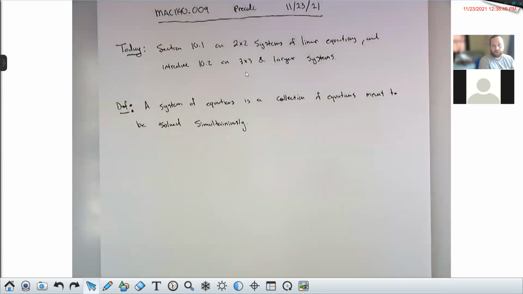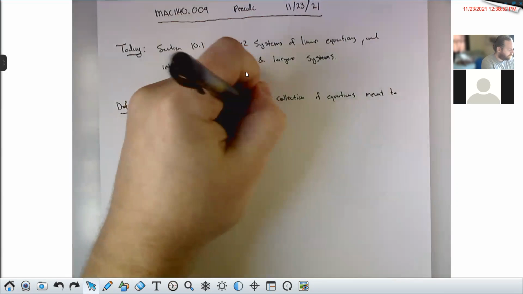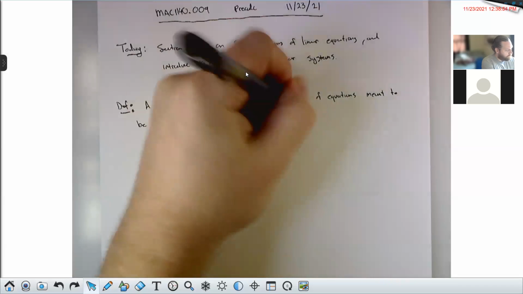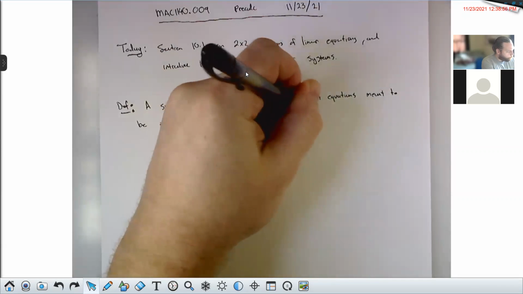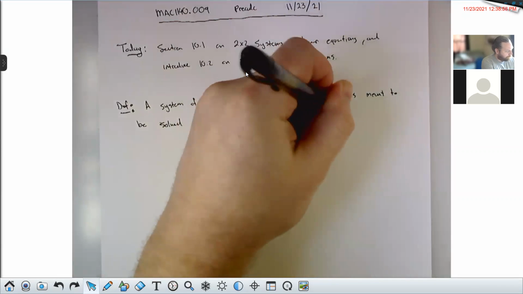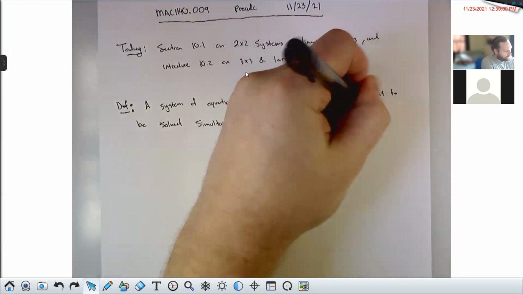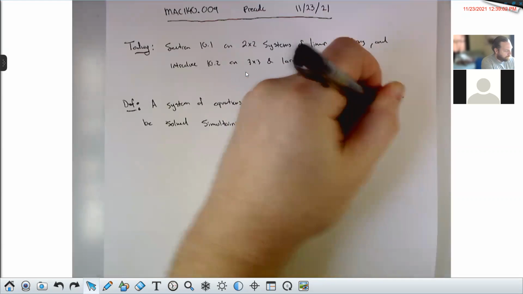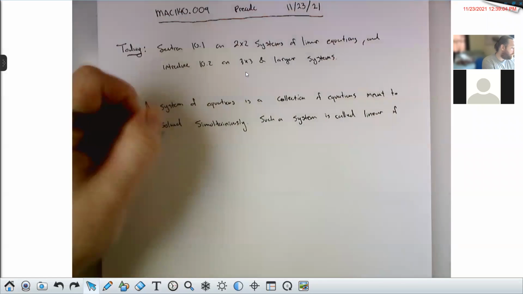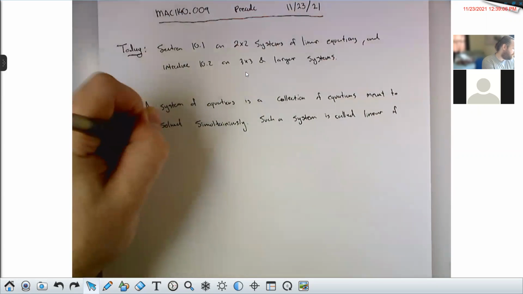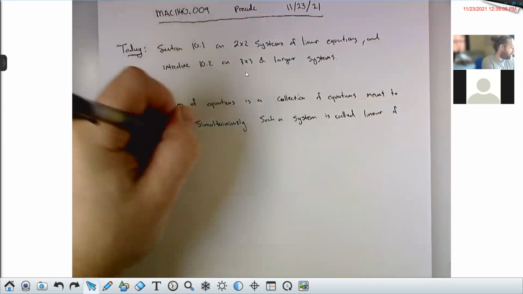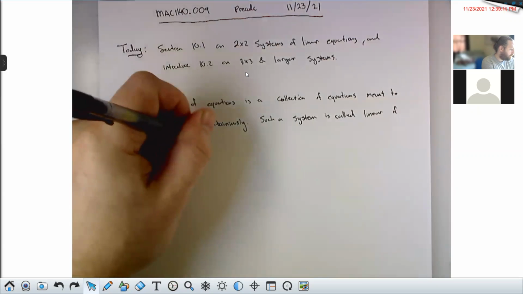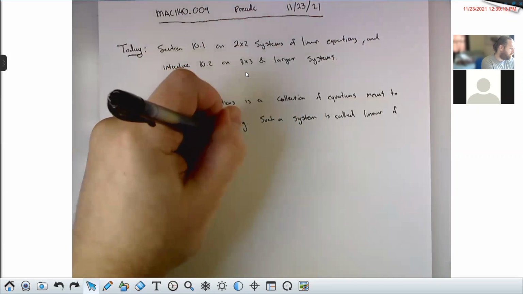Meaning you want to find the value of each of those variables that makes all the equations true at once. Such a system is called linear if all the equations are linear.